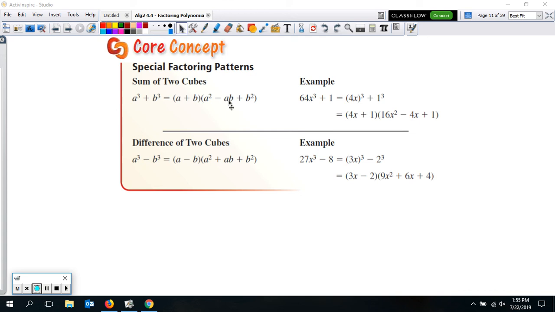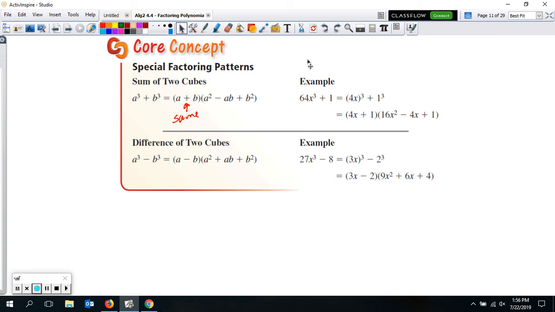And now as far as the signs go, no matter whether it's a sum or a difference, the sign in the binomial is always going to match the same sign as the one in your problem. So you write that down. That sign there is always going to be the same that you have here. As you can see down here, this is minus because this is minus. They are the same.